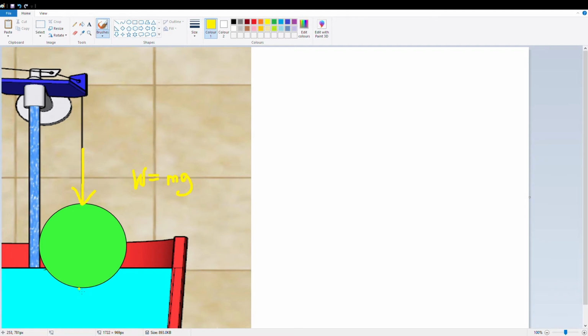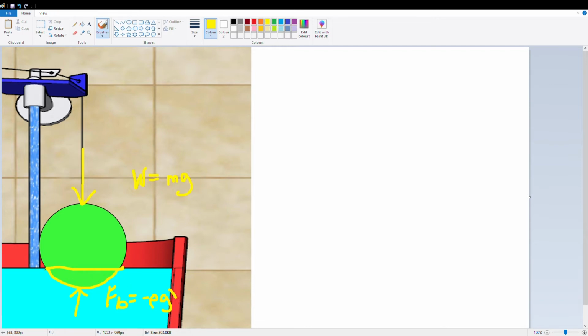Now, there is also an opposite upward force, which is caused by the fluid below it, and that is our buoyant force. Our buoyant force is the density of this fluid right here, times the acceleration due to gravity, and also this space here, and when the ball is submerged right there, it pushes downward and displaces this space.